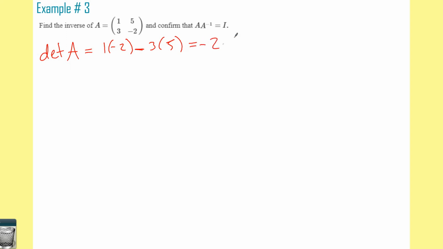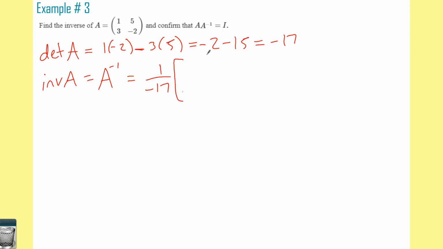So we get -2 minus 15, so -17. So the inverse of A, or A to the -1, as we also write it, would be 1 over the determinant, so 1 over -17.